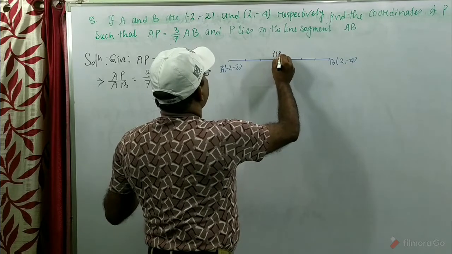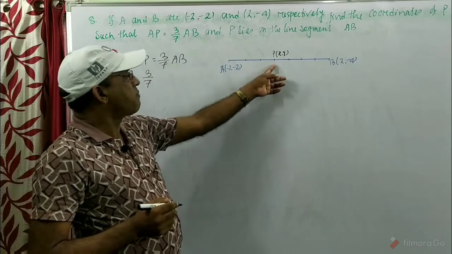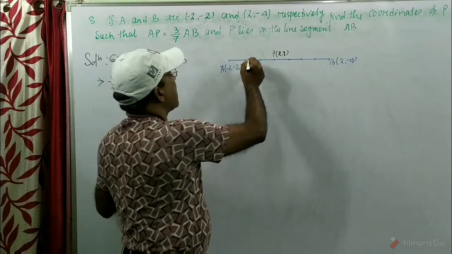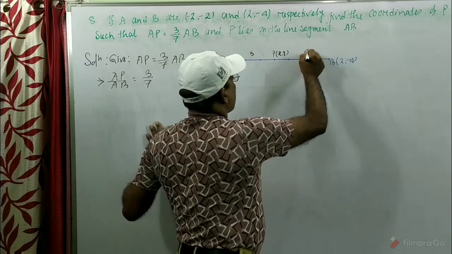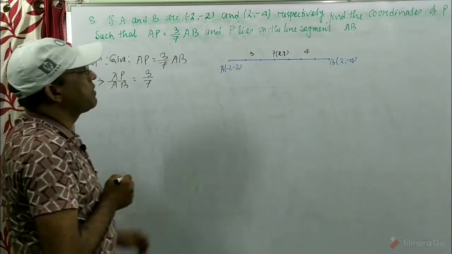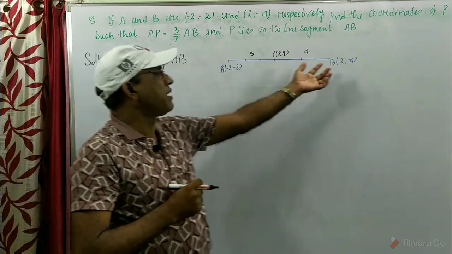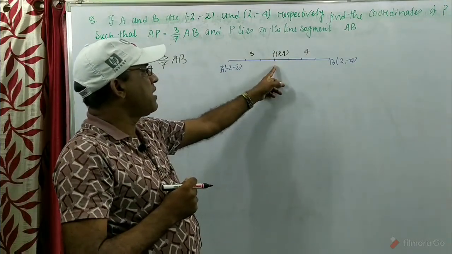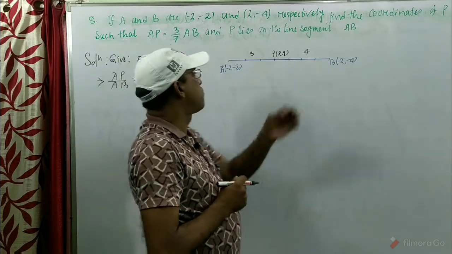We don't know the point P, we consider P(x, y). So obviously P will be here. Then this length is 3 and obviously this length is 4. We get PB = 4. So A and B are given, we want to find P, and this ratio is 3, this ratio is 4.